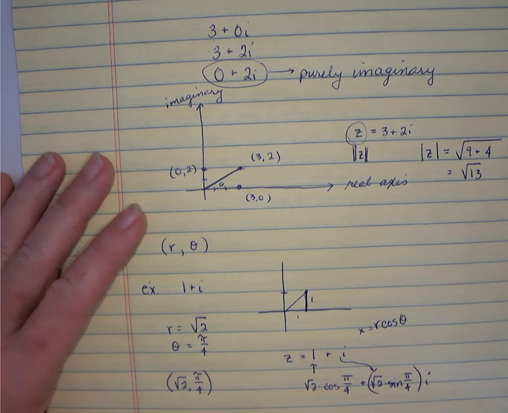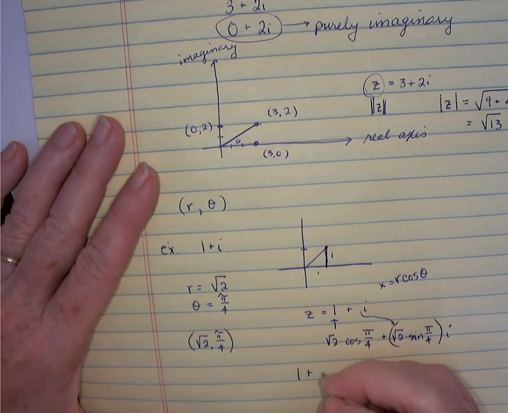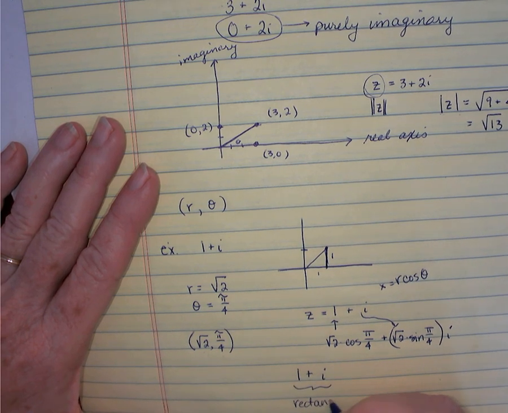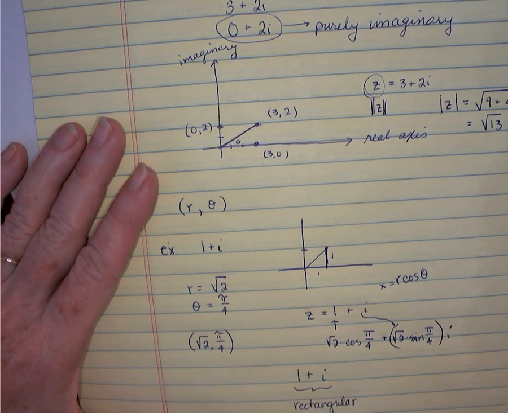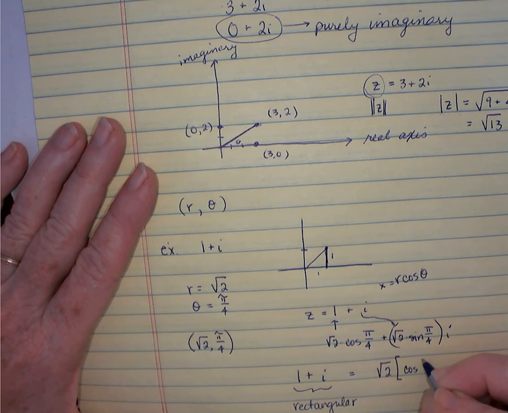So 1 plus i, which is rectangular form, gets rewritten in polar form as the square root of 2. I'm going to factor that out. I'm going to have cosine pi over 4 plus i times the sine of pi over 4.